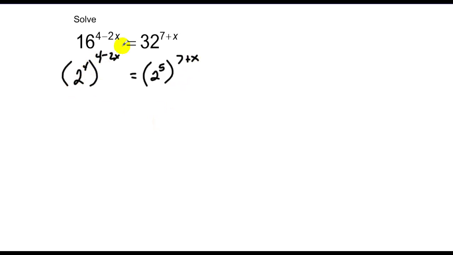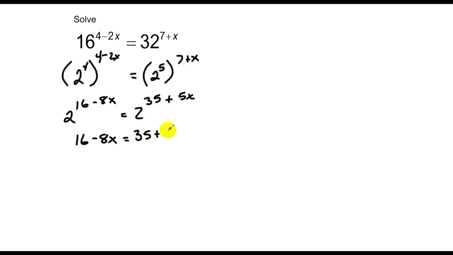Again, power of a power, multiply powers. So I have 2 to the 16 minus 8x is equal to 2 to the 35 plus 5x. Same bases, set the powers equal. 16 minus 8x is equal to 35 plus 5x.